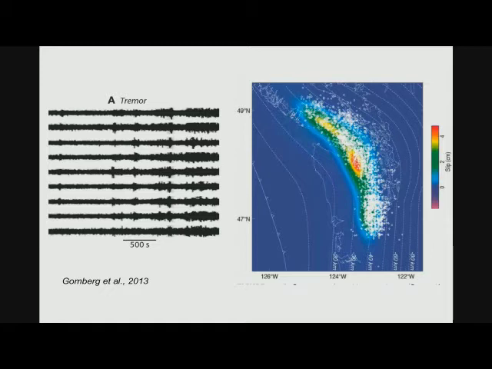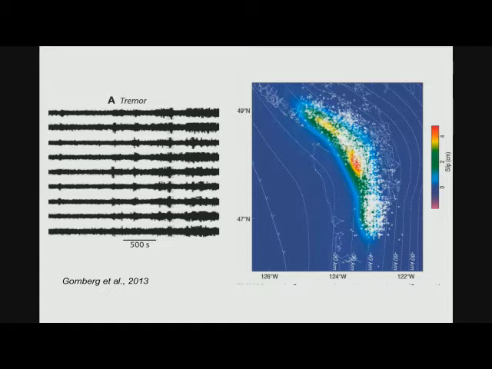So maybe 3 minute or 5 minute packets are located, and they're given a little white circle. That's in Cascadia, and that's automated. You can go to the website, and anytime tremor's happening, there's an updated tremor catalog, just like an earthquake catalog, done from taking envelope correlations of these waveforms, and you get these white dots. Okay, so that's the tremor.